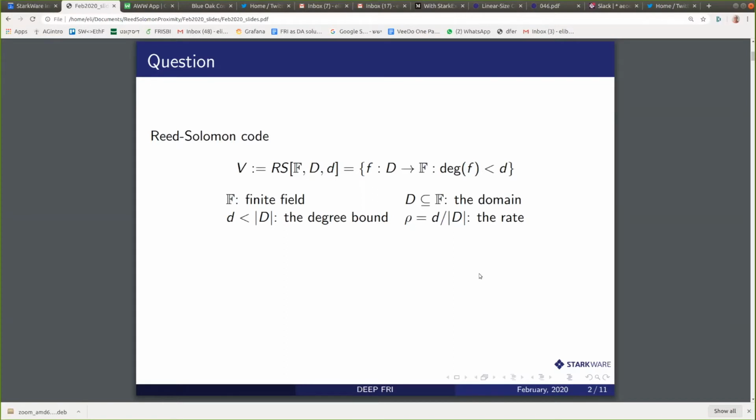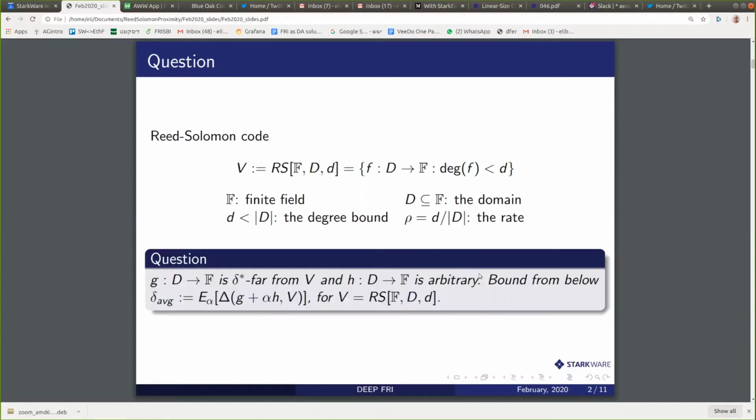Notice that in our case, we're looking at all polynomials of degree strictly less than little d. So you have d coefficients, or d degrees of freedom, because you have coefficients from a0 up to a d minus 1. So your rate is defined to be little d over the size of capital D. I now realize that, at least for Zoom purposes, using capital D and small d is very problematic. I hope it will be understood.